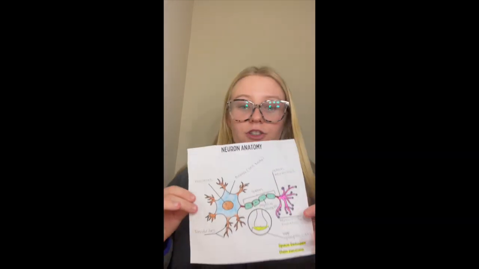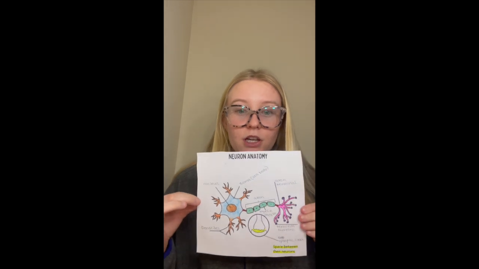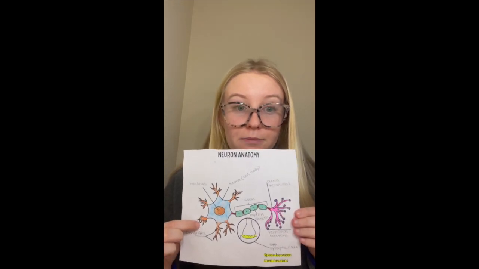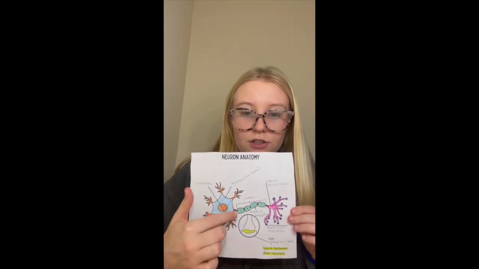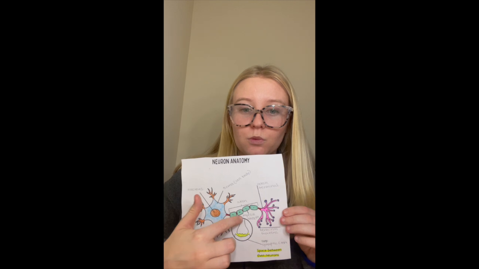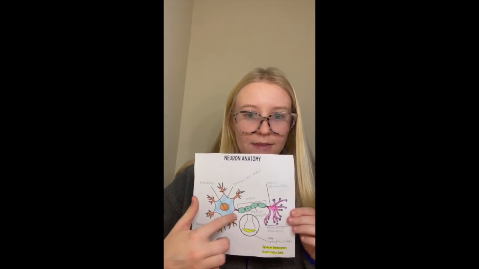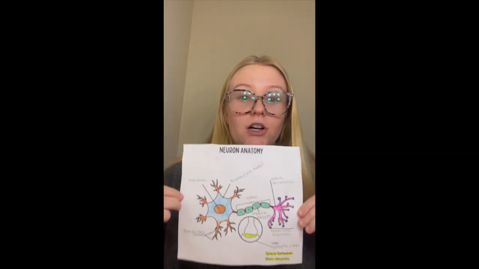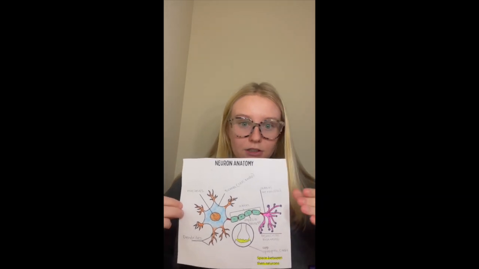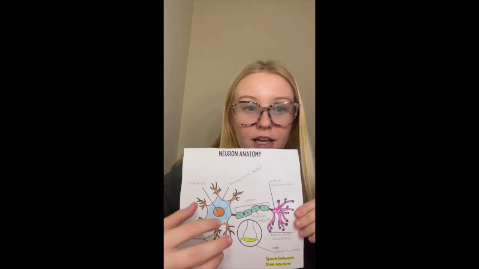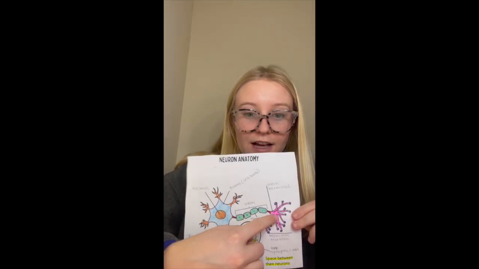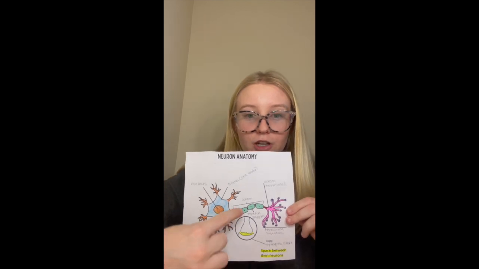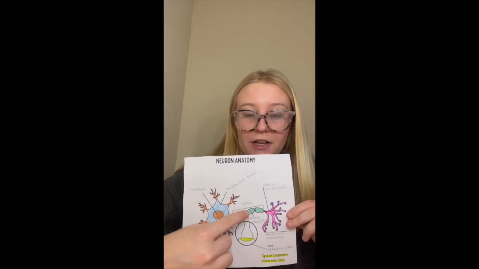So basically what this means, and I'm going to use our diagram that we just went over to help orient us, is that the message will be received from the postsynaptic neuron via the dendrites, and it will travel towards the axon, where it will move quickly because it is insulated in that myelin. So when the neuron is stimulated by the signal, it becomes depolarized, and as it's depolarized, the signal will travel down the axon through the neuron, and eventually it will start to repolarize back to its resting state.